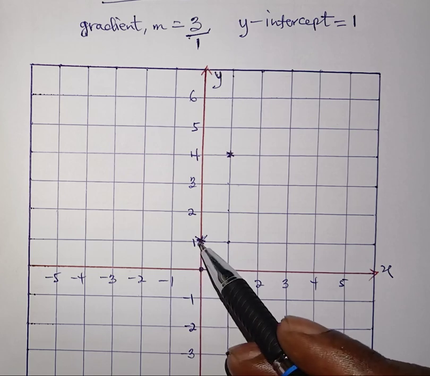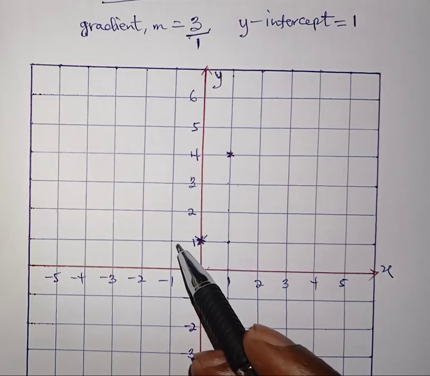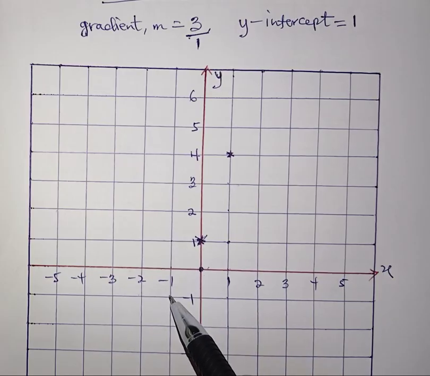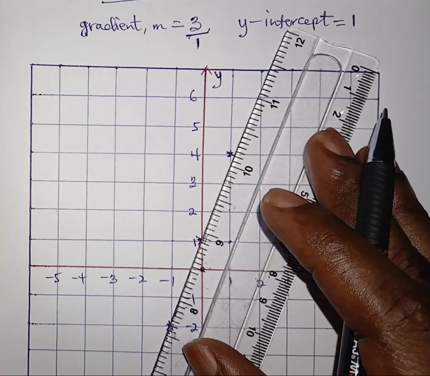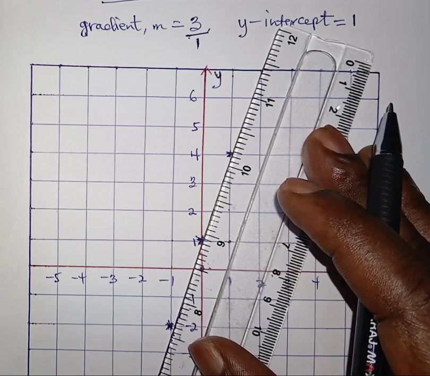If I move to my left, 1 unit, then the graph has to fall how many times? 3 times. So to this point, I will move 1, 2, 3. So the 3 will be here. Then I will get another point here so that I can use my straight edge to join them. Once you have at least 3 points, you get accurate points to join using your straight edge.